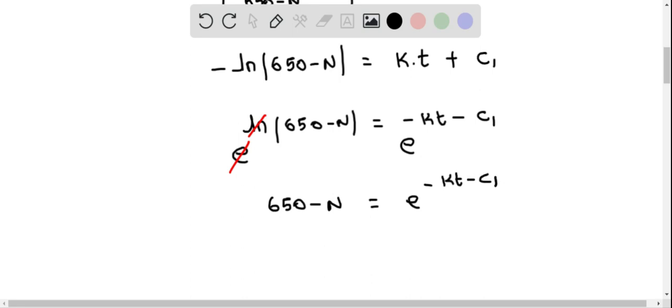Let's simplify this further and solve for n. I'm going to split this into two exponents, that is e raised to the power of negative kt times e raised to the power of negative c1, and I replace e raised to the power of negative c1 with another constant C, because basically this is going to be a constant.